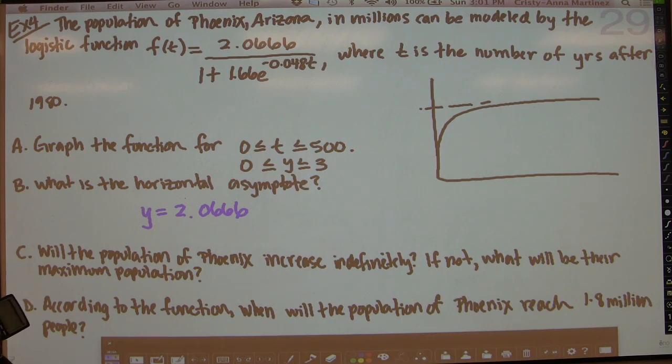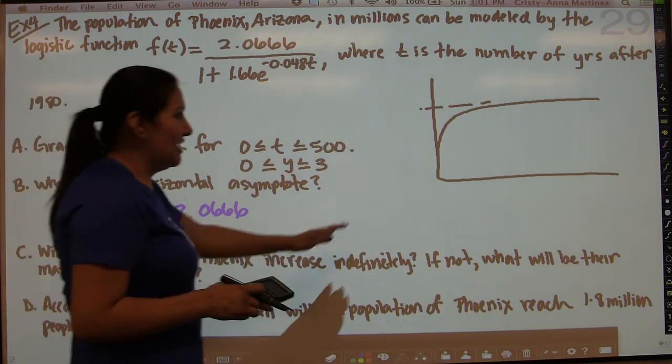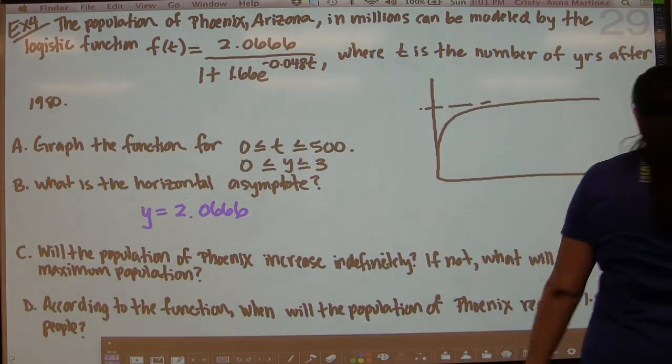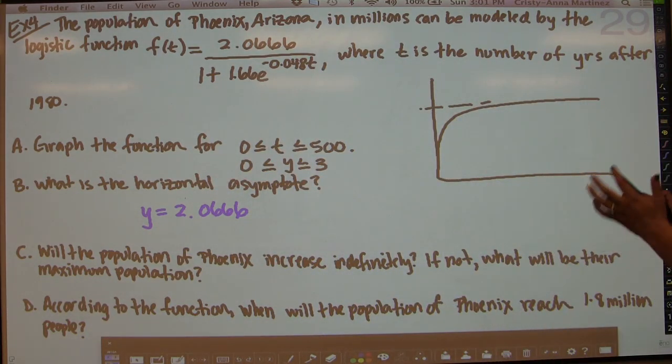And part C kind of refers to part B. It says, will the population of Phoenix increase indefinitely? If not, what will be their maximum population? And that's basically consistent with part B, because we just said that earlier. No, it will not increase indefinitely. The idea here is that it's going to taper off, and that asymptote is like a barrier. It's never going to go beyond that barrier.